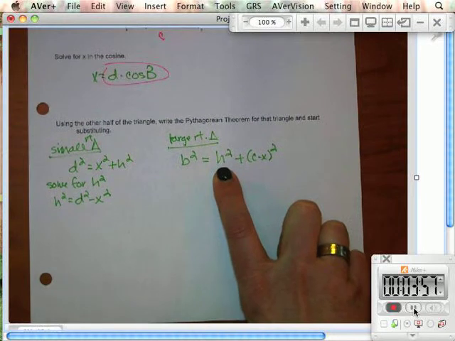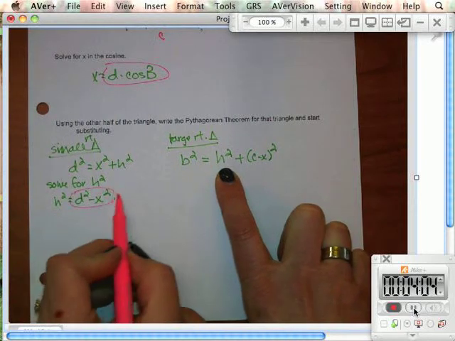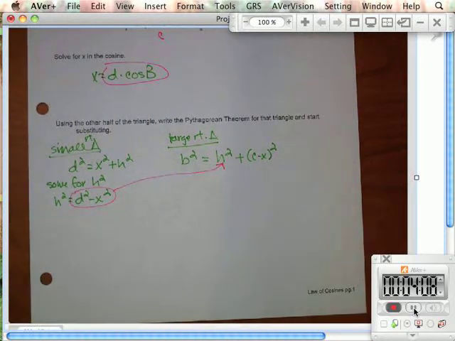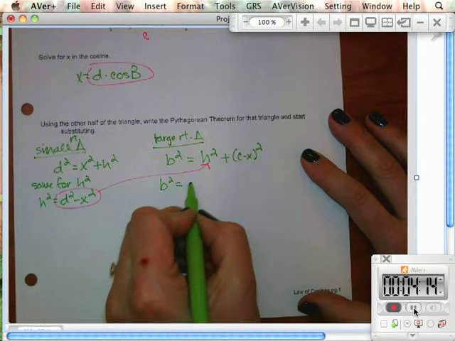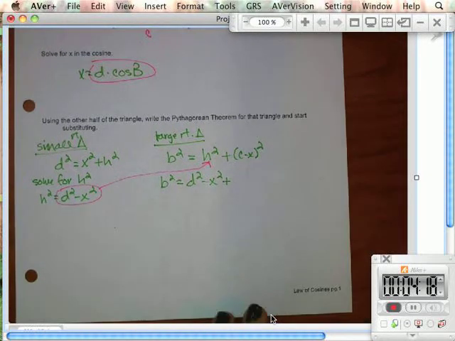Because there's an h squared here too, isn't there? So I take this, and I'm going to put it into here. Let's see what that looks like. B squared equals D squared minus X squared, and I still have this thing, right?